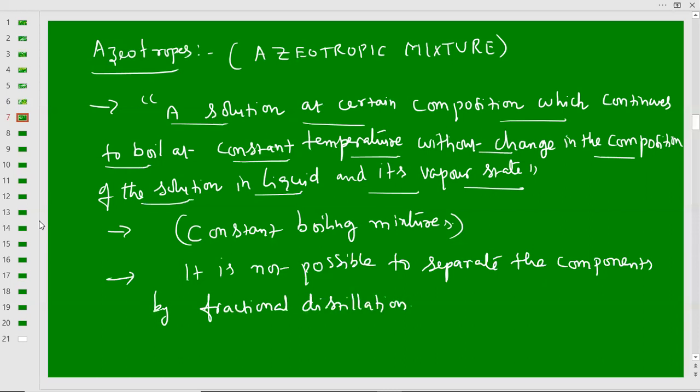So I hope you understand what an azeotrope is. Azeotropes are constant boiling liquids, because on mixing, liquids generally form azeotropes. The binary mixture has the same composition in liquid and vapor phase and boils at constant temperature. The importance of this is that they cannot be easily separated.